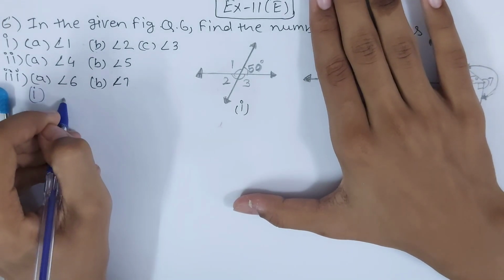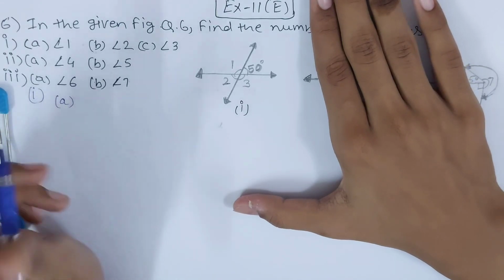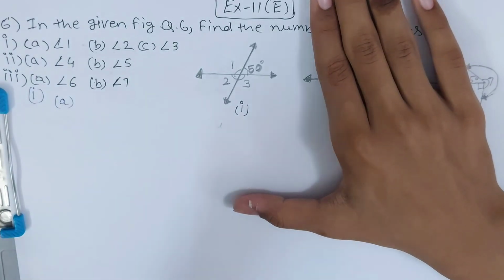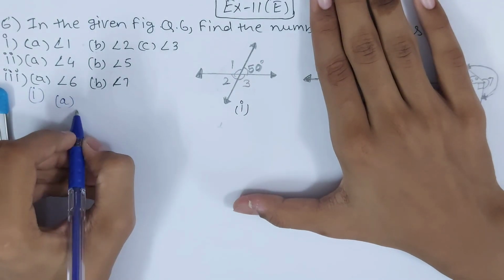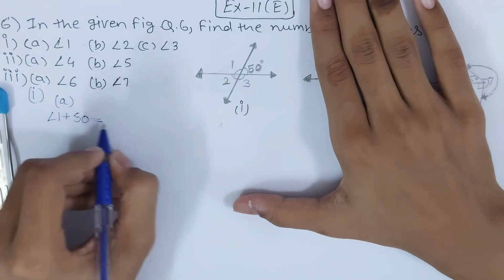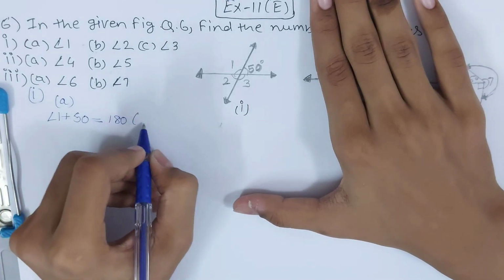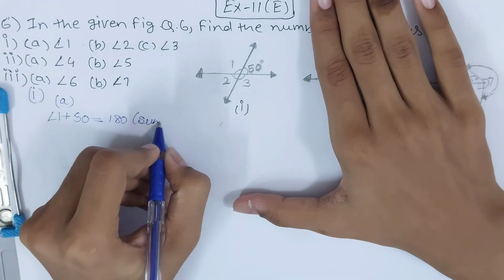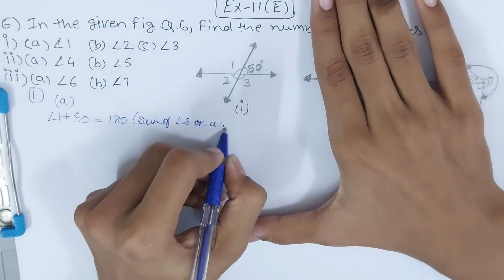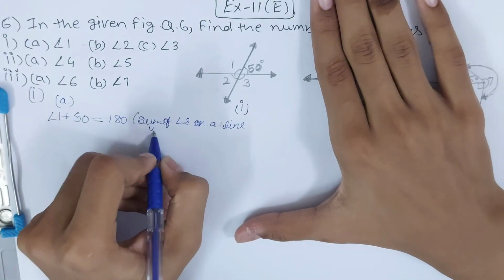First part, you have A, that is what you have to find, angle 1. Don't worry, this is very simple. You should know angle 1 plus 50 is equal to 180, right? What property are you using? Sum of angles on a line is 180.